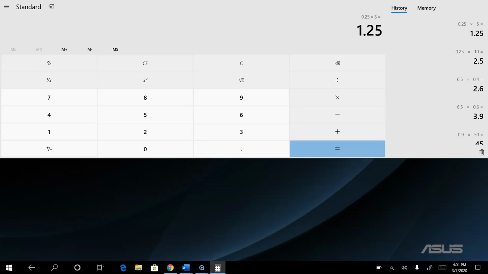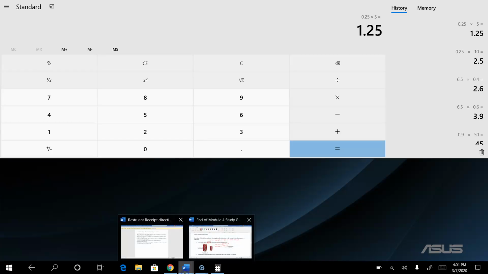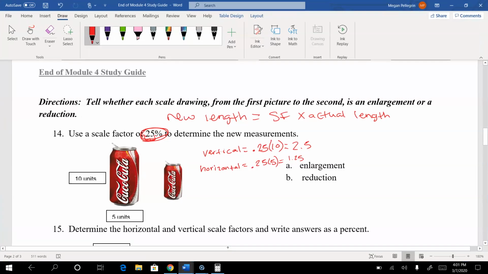So the horizontal is 1.25 units. And then as an enlargement or a reduction, it's a reduction. Reduction means it's getting smaller. Remember, we always go left to right, so this is our original. This is our new, or our copy.